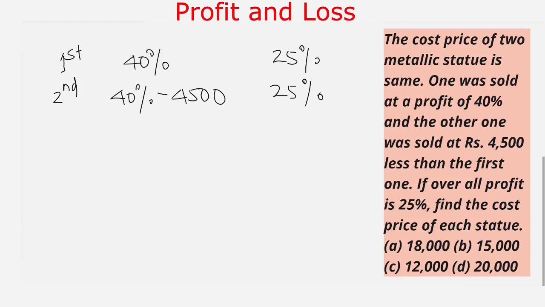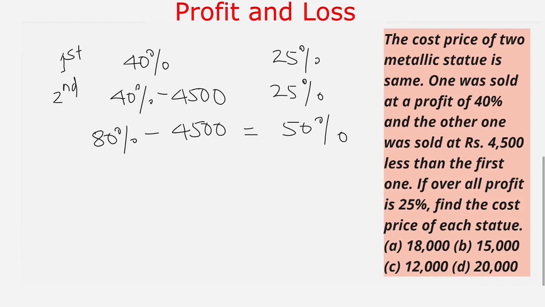Now if we solve this, then adding the profits of the two statues is 80%, 40% plus 40% minus 4,500, and on adding the average we get 50%, 25% plus 25%.